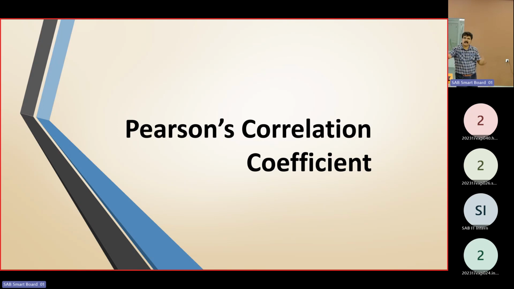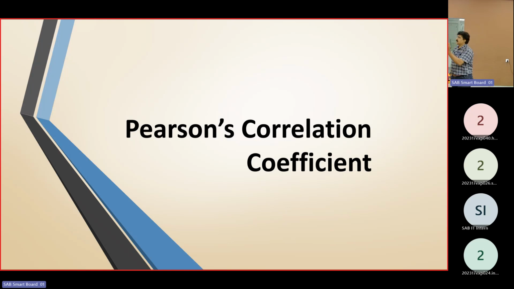This Pearson is the name of the person who invented this correlation, right? Pearson's correlation coefficient. So what are the other names we use for the same correlation?